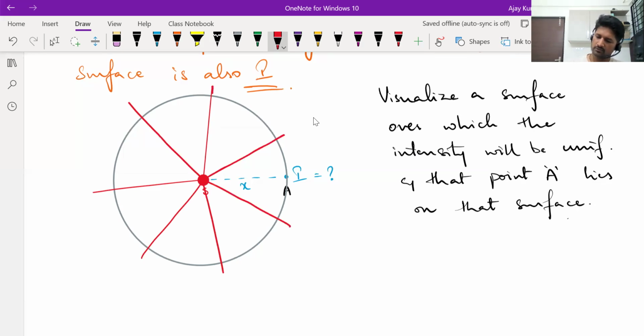So see, what was the question? The question was to calculate intensity at a point which is at a distance x from the source. Now, by definition, intensity is for a surface. So what we are doing is identifying a surface which contains that point and which also has the same intensity everywhere.